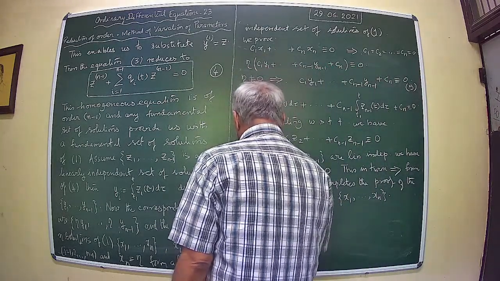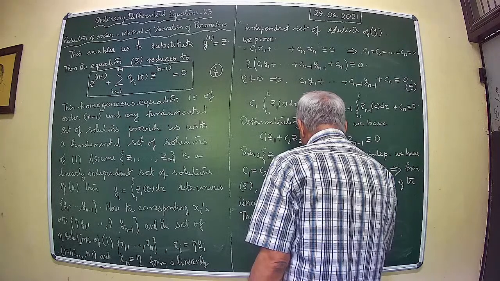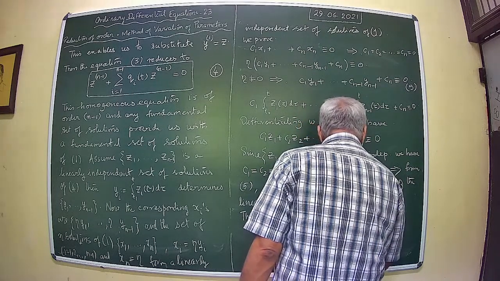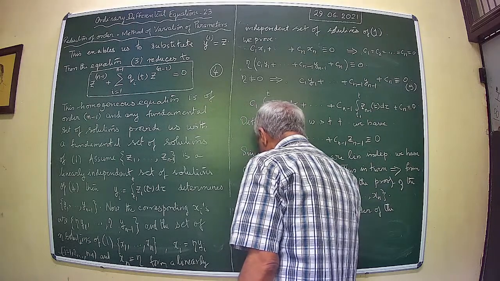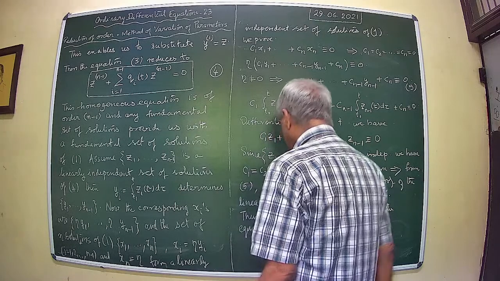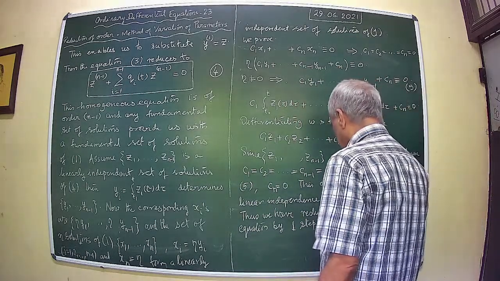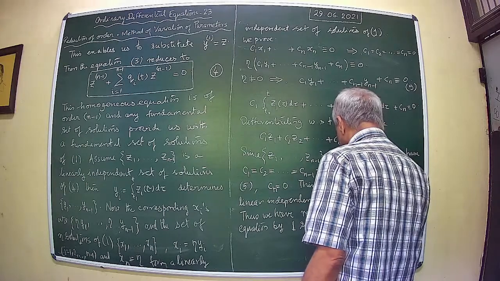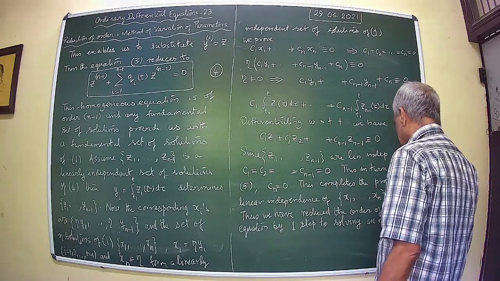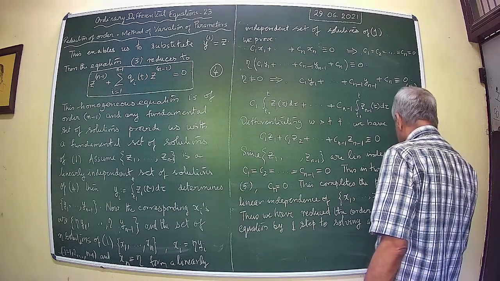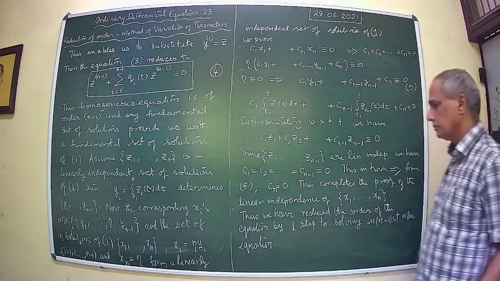Thus we have the order of the equation reduced, with constant coefficients. Solving the equation, that's the reduction that we have. Okay.